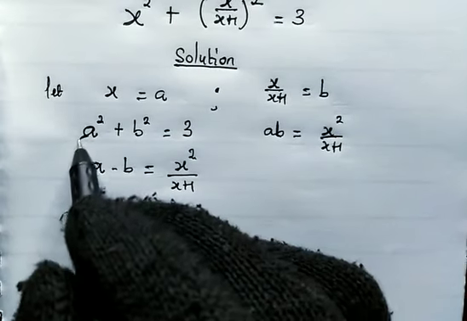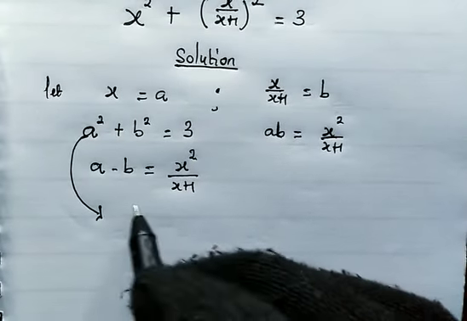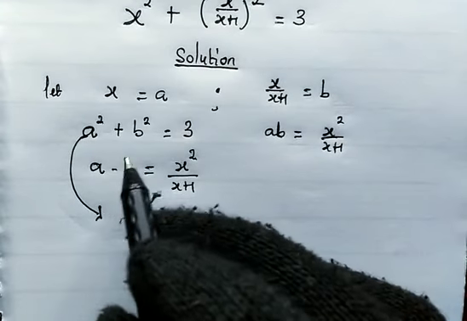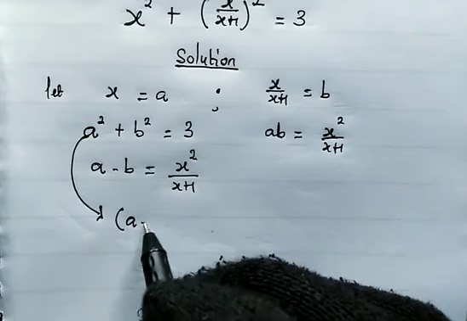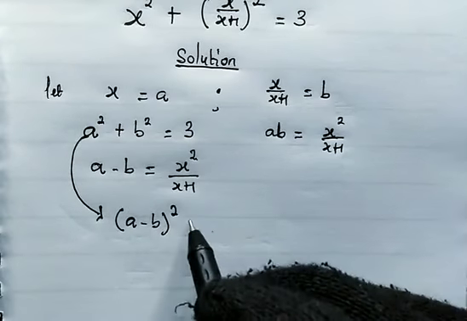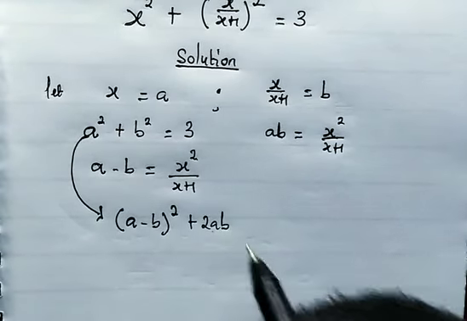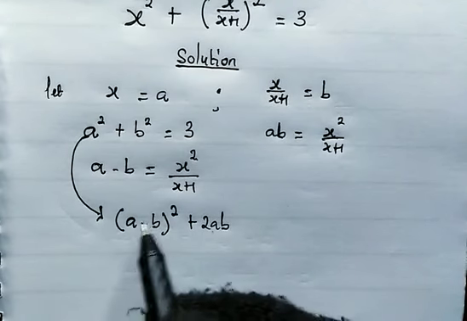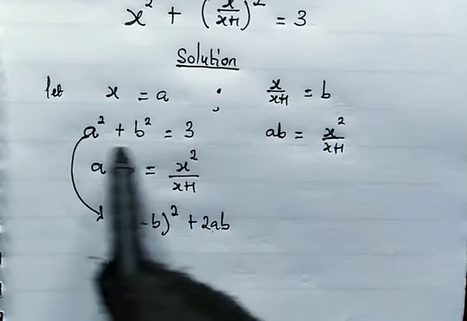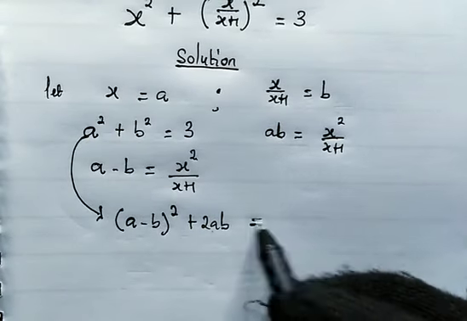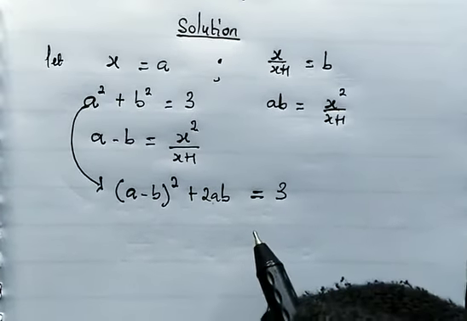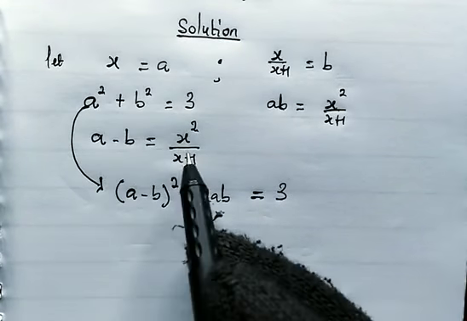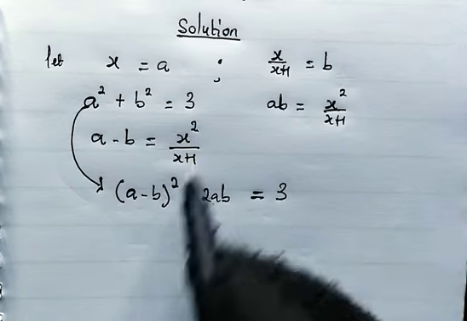Now from this equation right over here, we're going to make use of this formula. a squared plus b squared, we can write it as a minus b squared plus 2 times a times b. When you expand this and add this, you're going to get this. Then from the right, that equals 3. Now let's make substitution. a minus b in terms of x equals x squared divided by x plus 1.